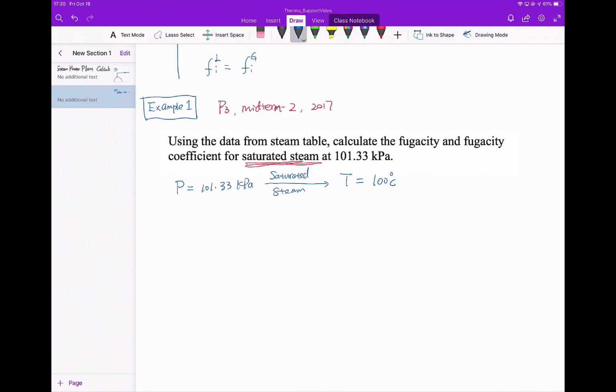The corresponding value would be H for the vapor of the steam, in kilojoule per kilogram. Of course, the corresponding entropy of the vapor phase is in kilojoule per kilogram Kelvin.